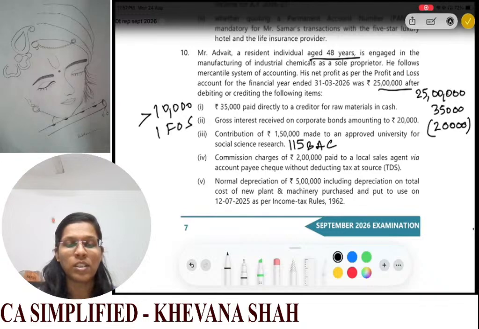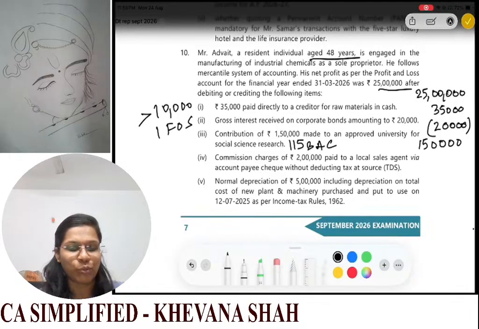Since it is given to a specific university, this will not be allowed. So you need to add back 1,50,000.